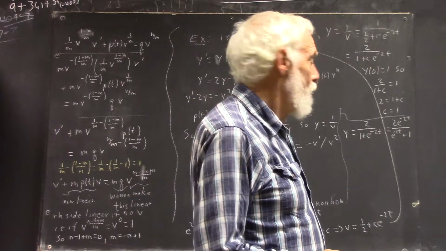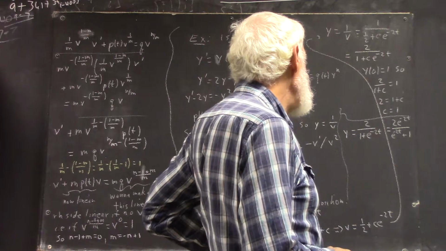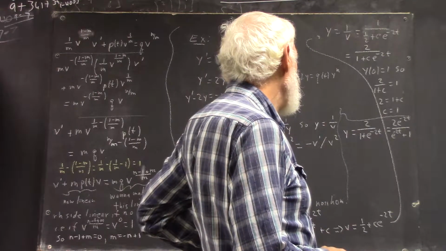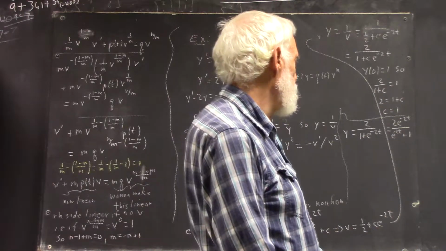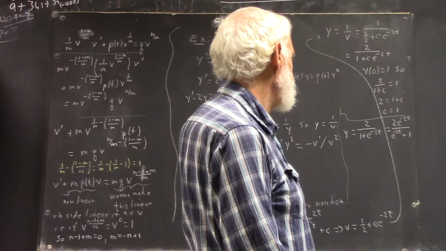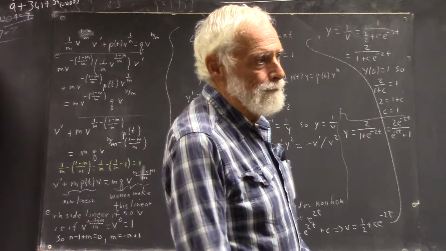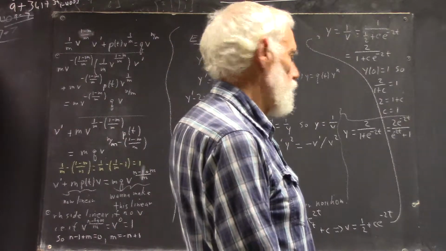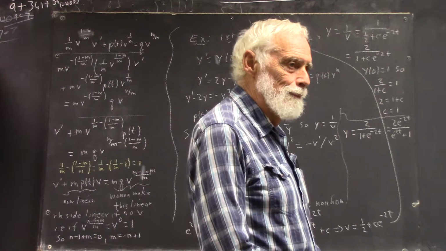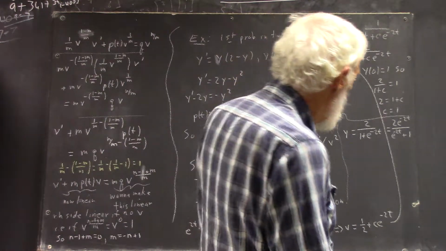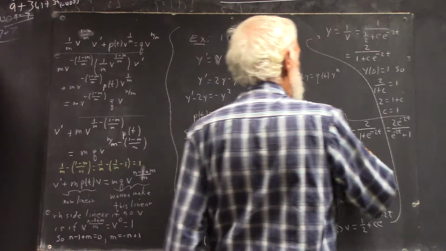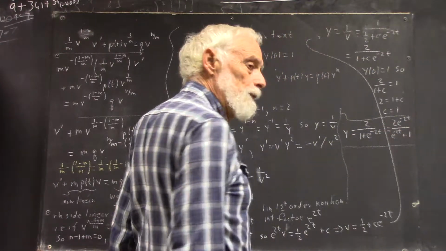Okay? If you're taking the limit as t goes to infinity, either form works. It's kind of similar to the kind of solution you get from the logistic equation. We haven't seen that yet, but you're going to see that very soon. So again, you want to be aware of different forms.